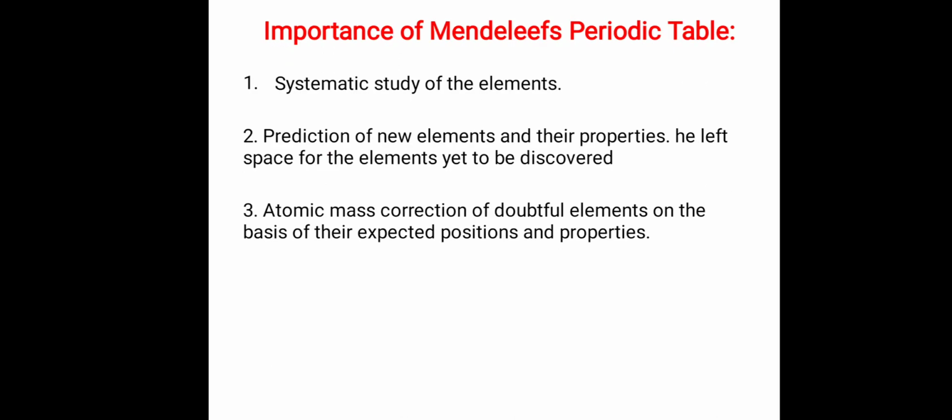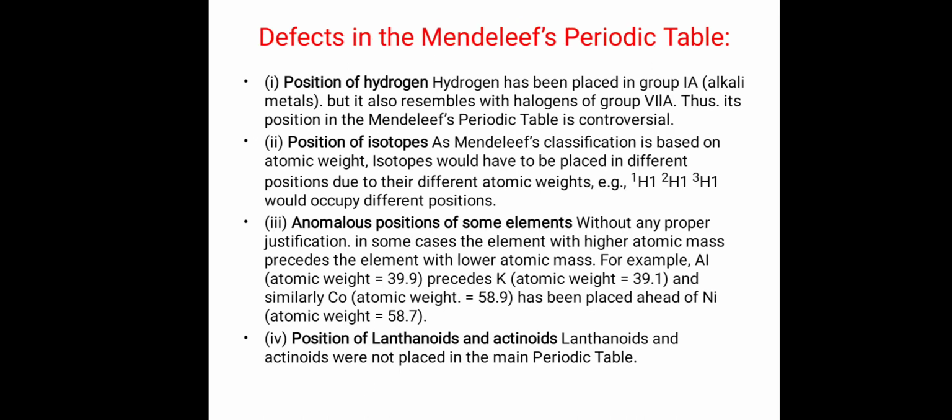Some importance of Mendeleev's periodic table: systematic study of elements, prediction of new elements and their properties. He left space for the elements yet to be discovered. Atomic mass corrections of doubtful elements on the basis of their expected position and properties.